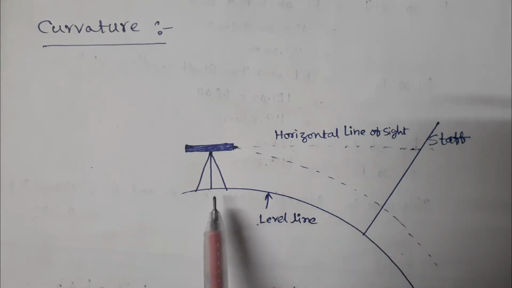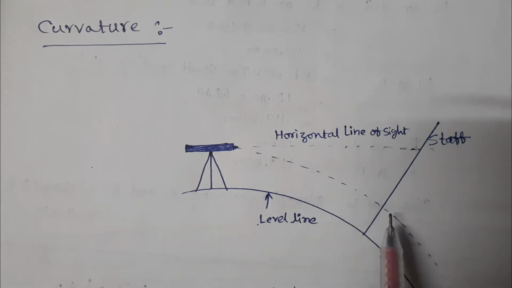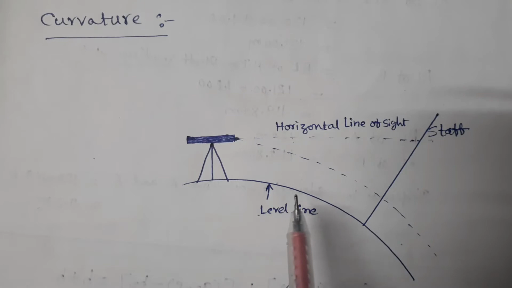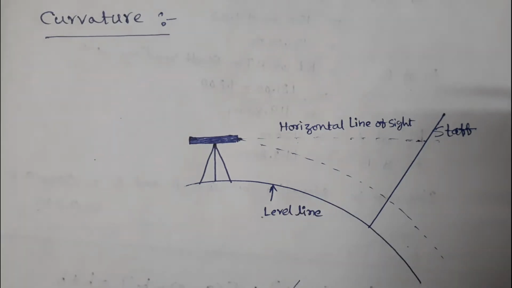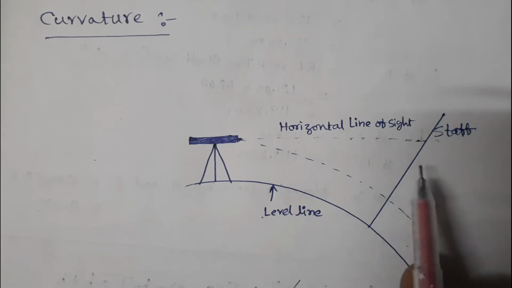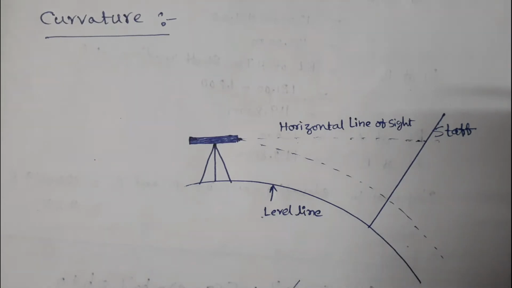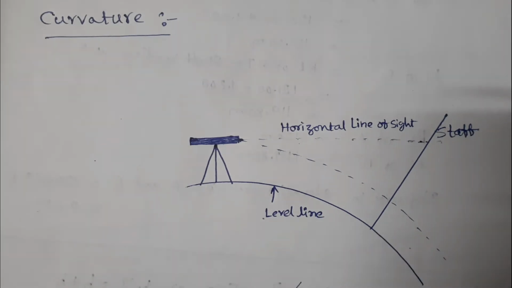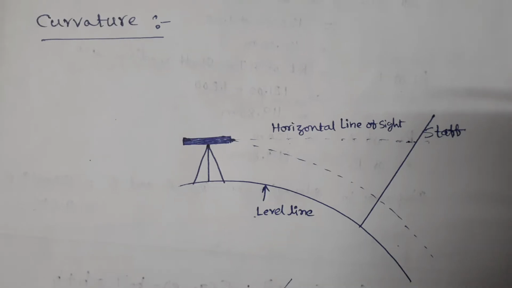When the leveling instrument and the staffs are located at a far distance, the curvature of earth surface should be taken into consideration. Because of this earth curvature, the leveling staff gives larger staff readings than true readings. Therefore, all the sighted points will appear lower than true positions.